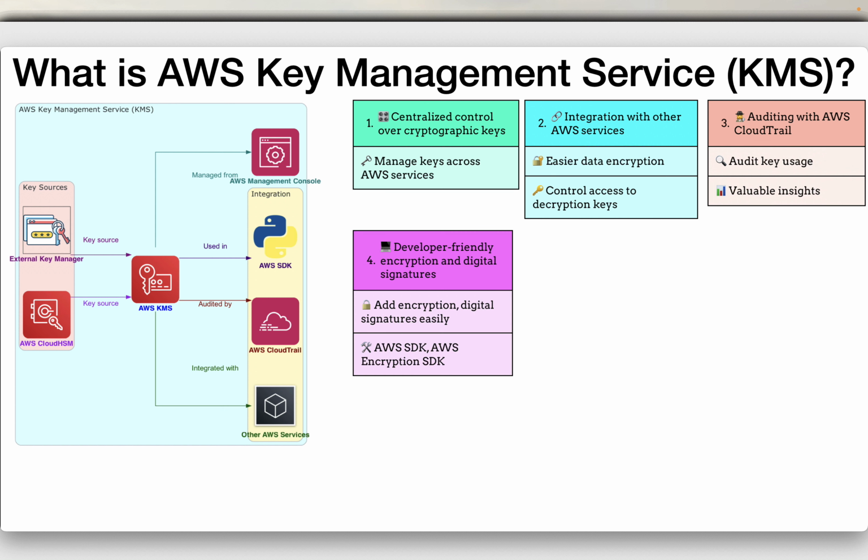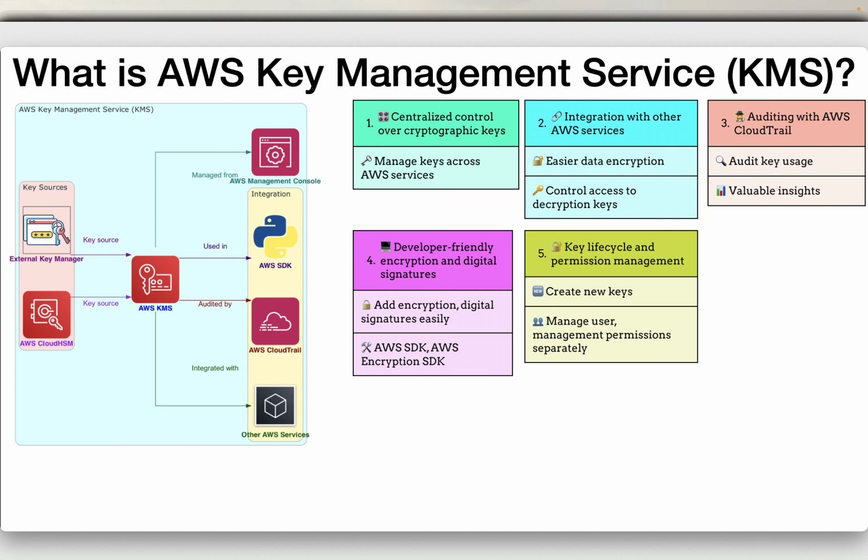KMS helps developers easily add encryption or digital signatures functionality to their application code, either directly or by using the AWS SDK and the AWS Encryption SDK. With KMS, you have centralized control over the lifecycle and permissions of your keys, allowing you to create new keys and manage who can use and manage them separately.